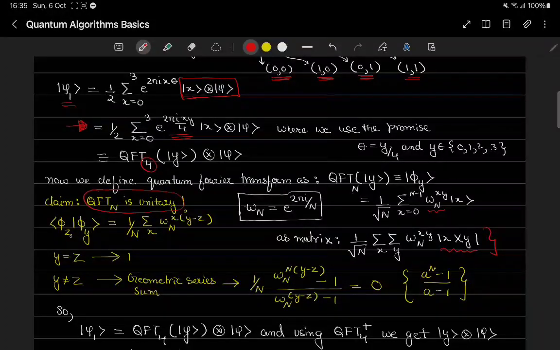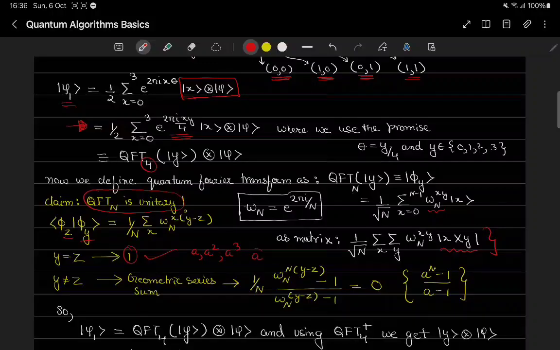For this you can take two different columns, y and z. If y is equal to z, then this term becomes 1, and you are summing over it n times, so you get 1. Now if y is not equal to z, then this is like a geometric series sum, where the multiple in the geometric series, so you have a, a square, a cube.